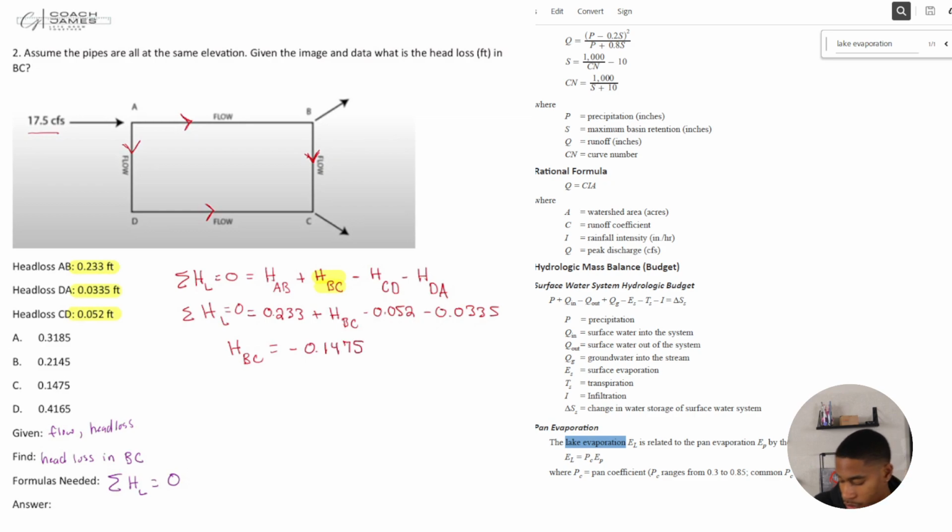So that just means we drew it the wrong way. But either way, it's in meters. So it's going to be C. All right. So that just means that the way we drew the flow, it should be going this way. Right. So we can get rid of this. Okay.